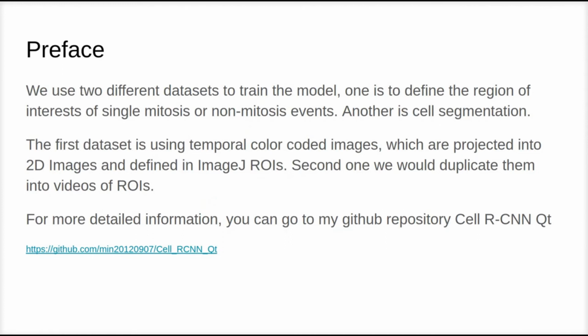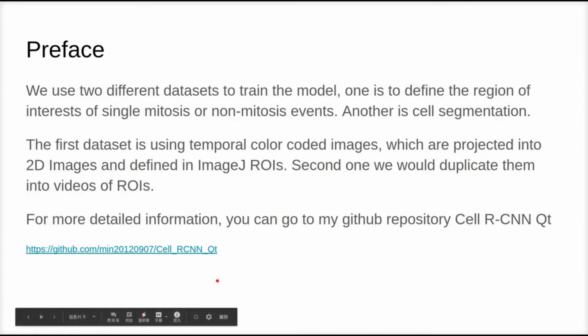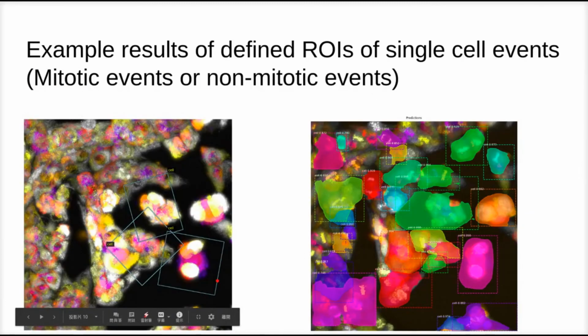The example is the result of defined ROIs: single cell events, mitotic events or non-mitotic events. We can see the user defined only a few events caught, but using MaskRCNN, we can catch more. So in this case, MaskRCNN has more advantages.